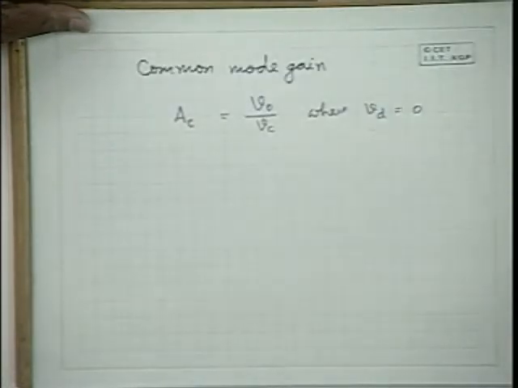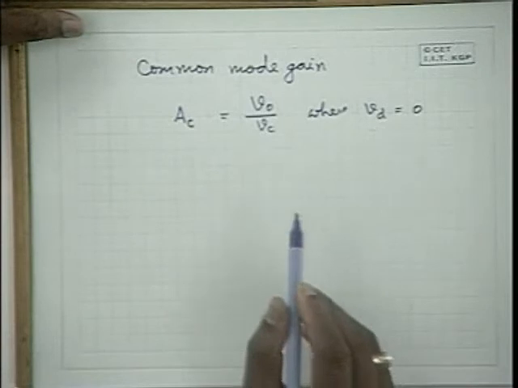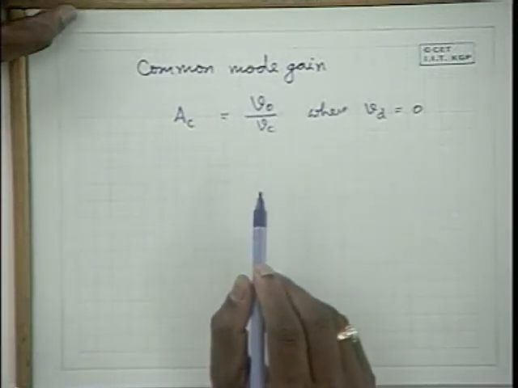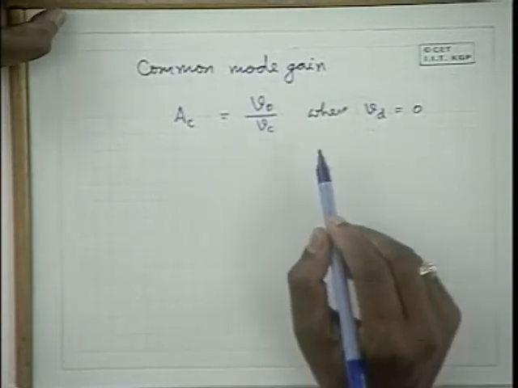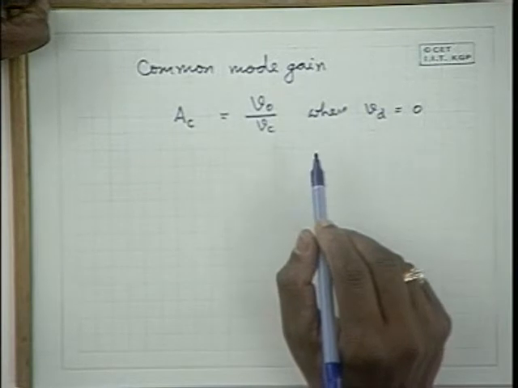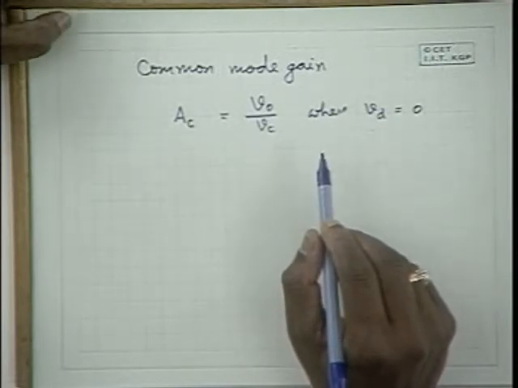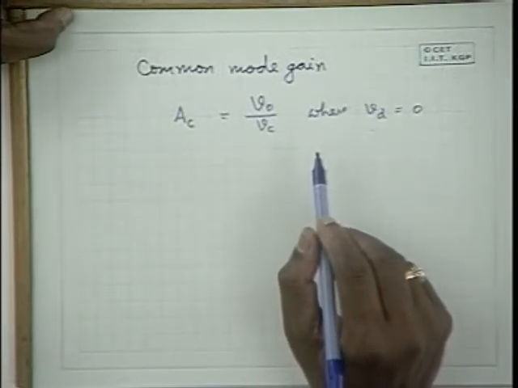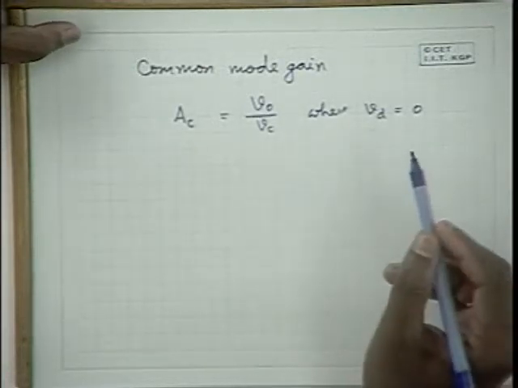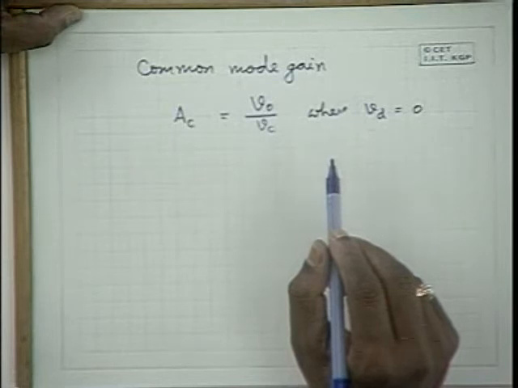So, in general, when you have some signal Vi1 at one input and some signal Vi2 at the other input, you have a common mode signal present and a differential mode signal present, and the output is the sum of the amplified versions of both.